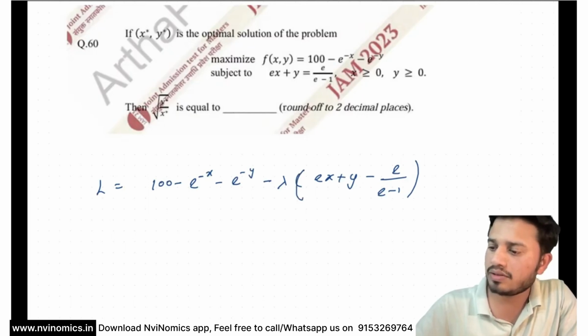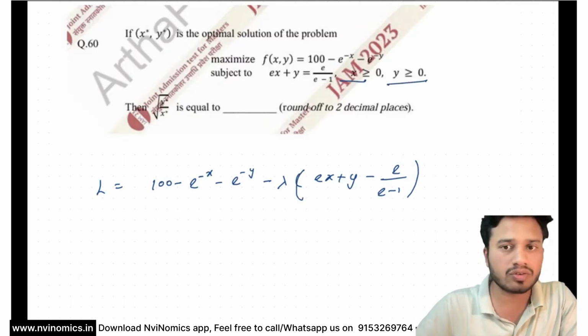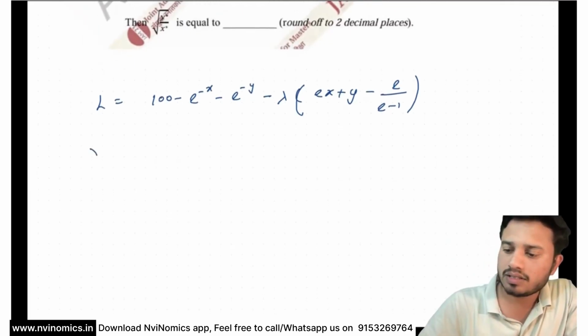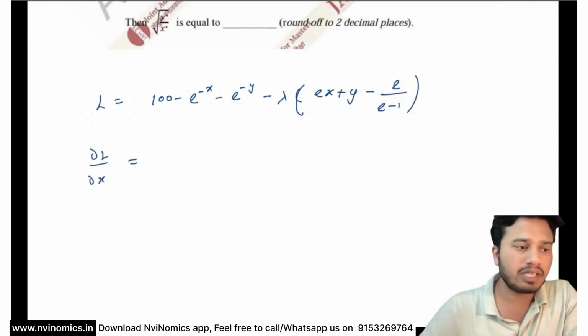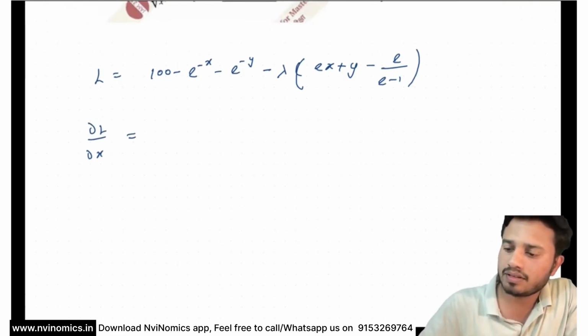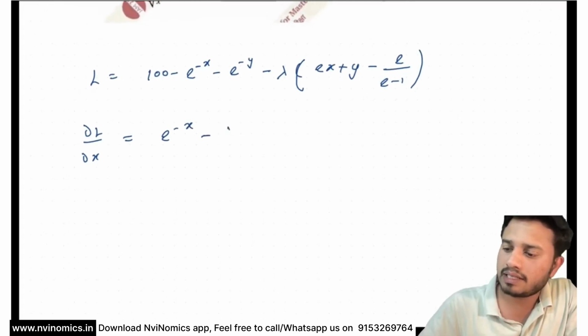Now they are clearly saying that you have to check in the first quadrant only. First we have to find the partial derivatives. So it will be e to the power minus x minus lambda e to the x.